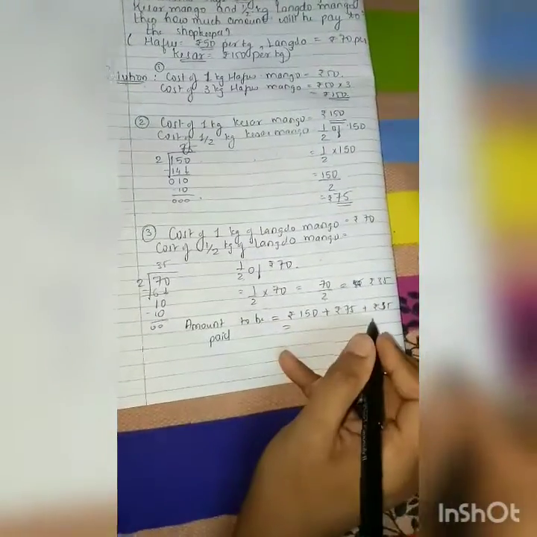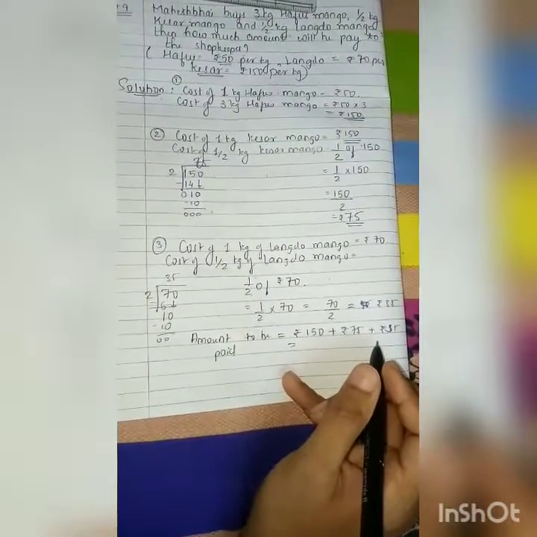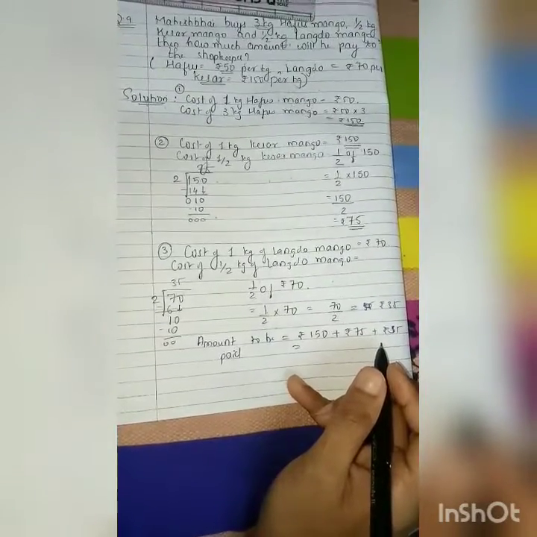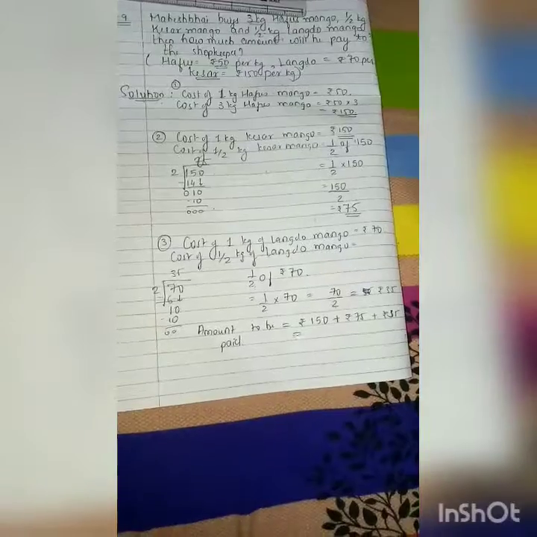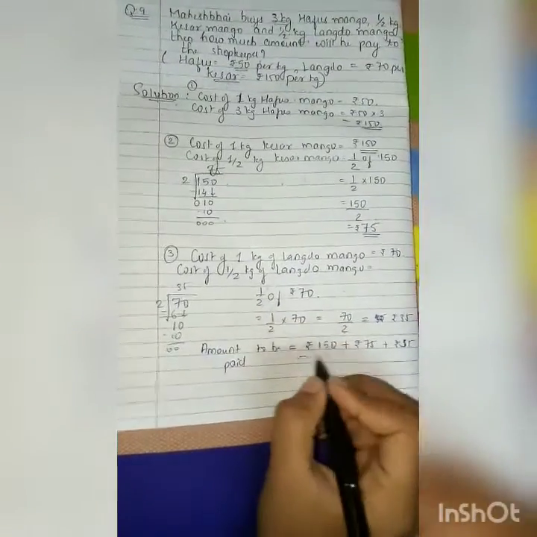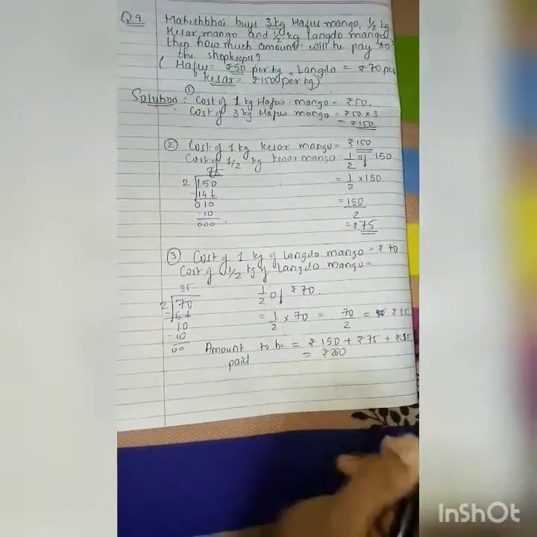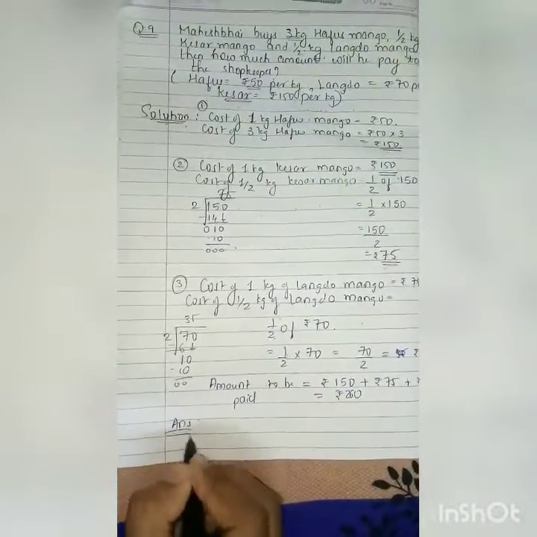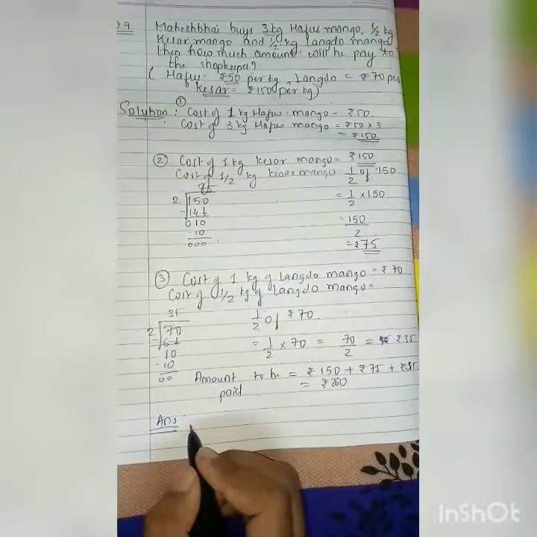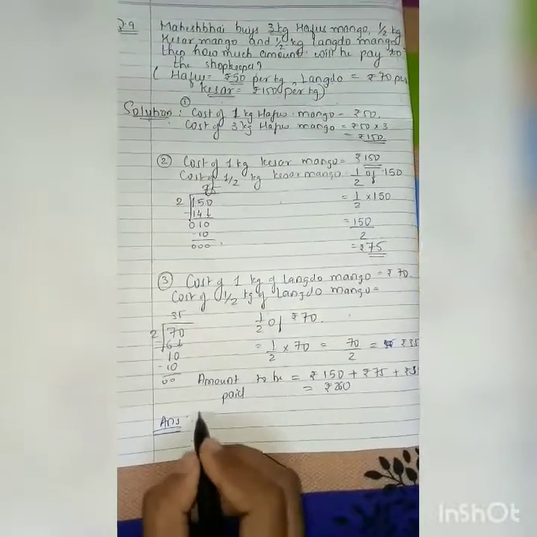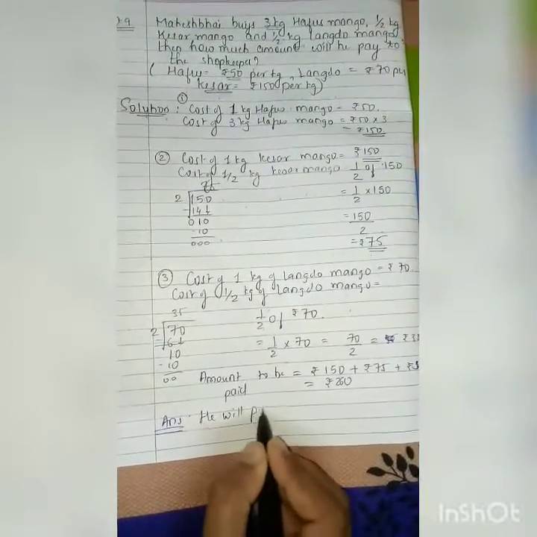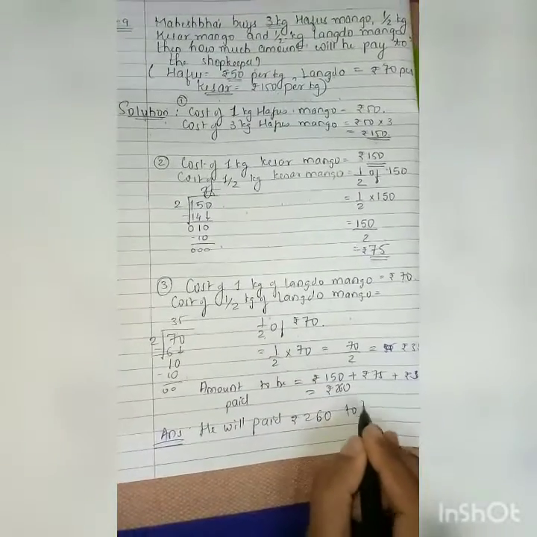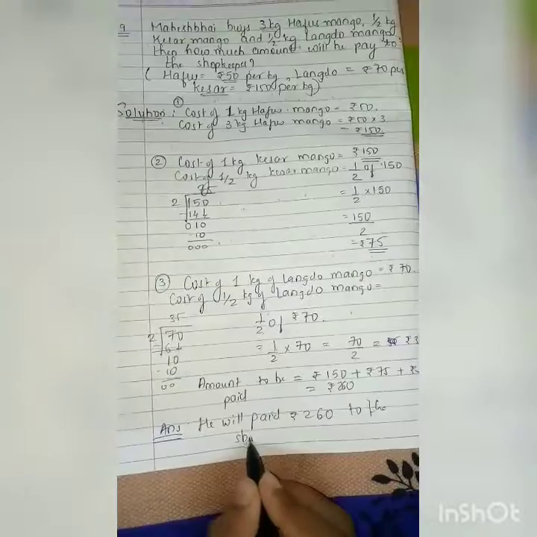Okay, so when you will do total of all this, so what are we going to get? So we'll get rupees 260. Okay, what are we going to get? Rupees 260. So answer, what are we going to write? How much amount will he pay to the shopkeeper? So he will pay rupees 260 to the shopkeeper.